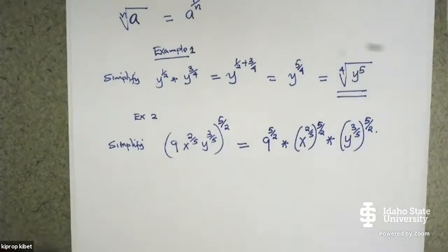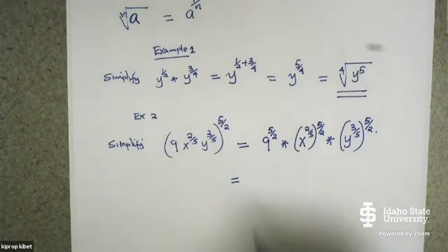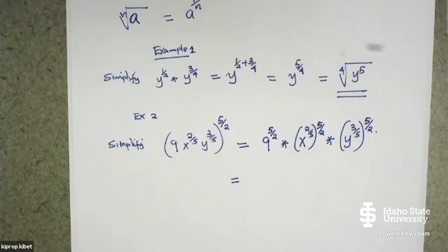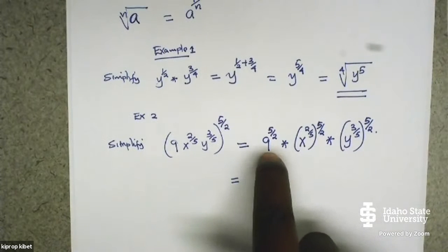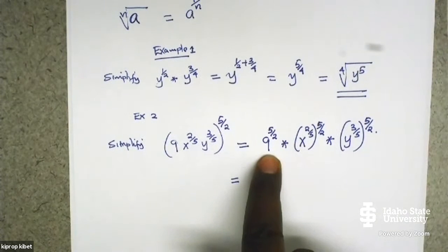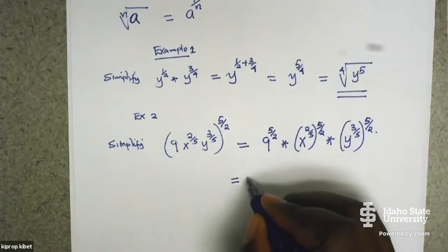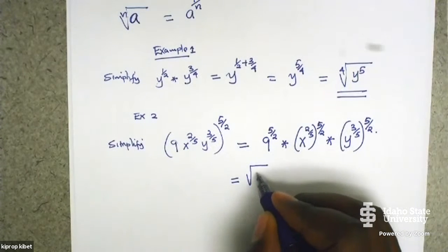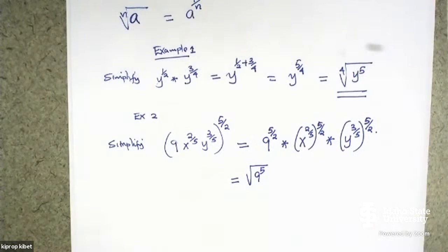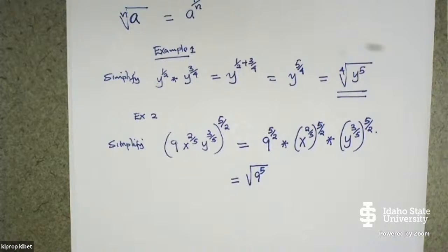Now this is similar to, in radical form, 9 raised to 5/2 is just the same as the square root of 9 raised to 5.